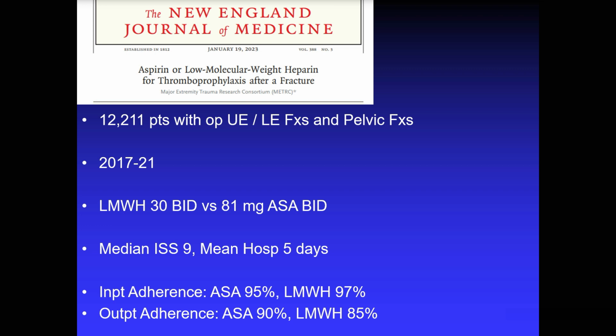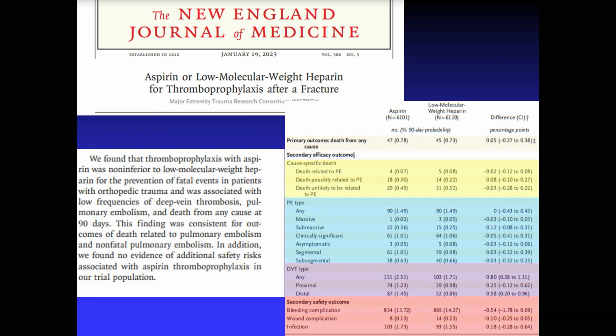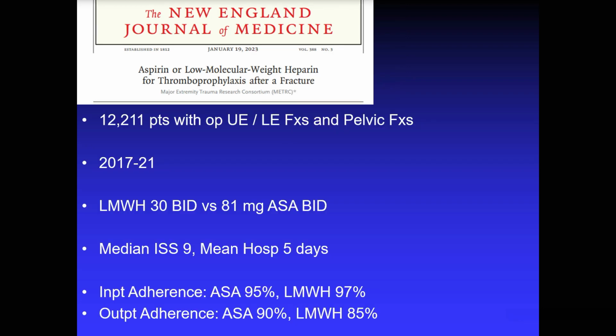And they were randomized to receive either low molecular weight heparin, 30 milligrams BID, or 81 milligrams of aspirin BID. Of note, these were not a group of severely injured polytrauma patients. The median ISS was 9, and the mean hospitalization was just 5 days.